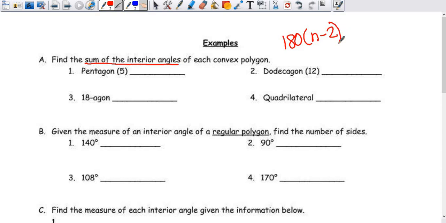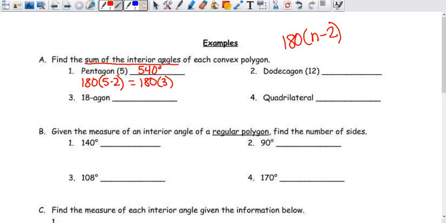Okay? So a pentagon, you probably won't have that chart on the front to reference, so you will have to just use your formula. So 180 times 5 minus 2. You can type that all into your calculator exactly how I just wrote it, or I know that 5 minus 2 is 3, so really I'm just doing 180 times 3, which is 540 degrees.